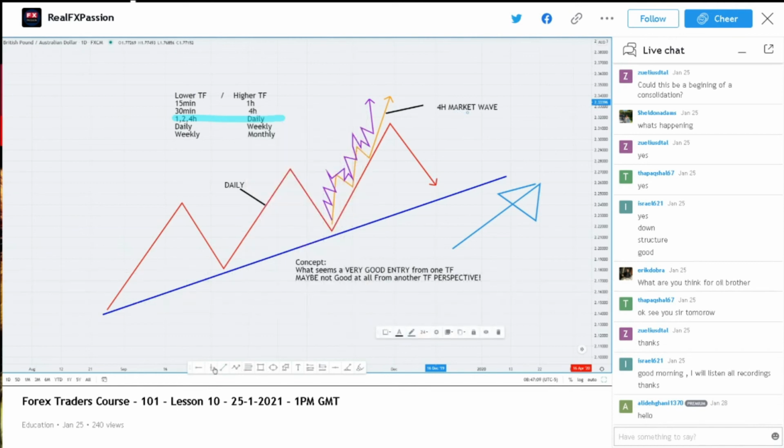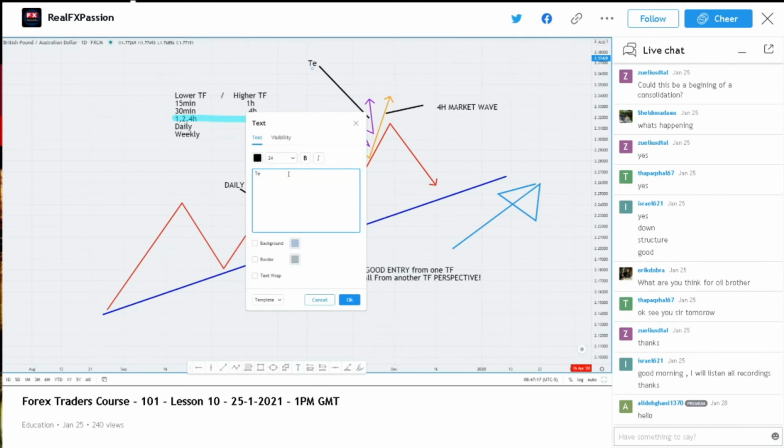And the violet is the short-term trend on the 4-hour market wave, which determines extensions and retracements of the 4-hour market wave.